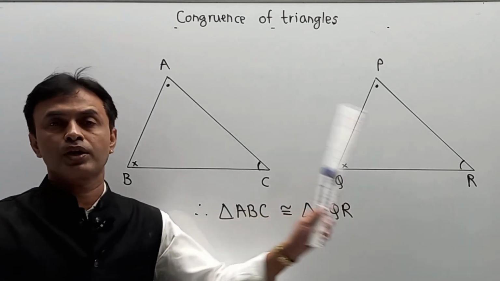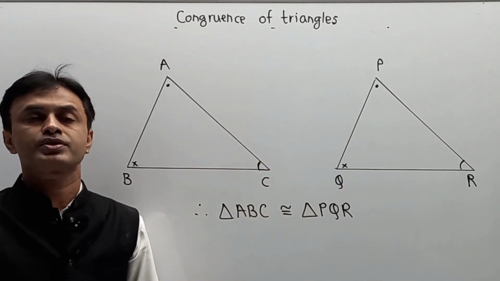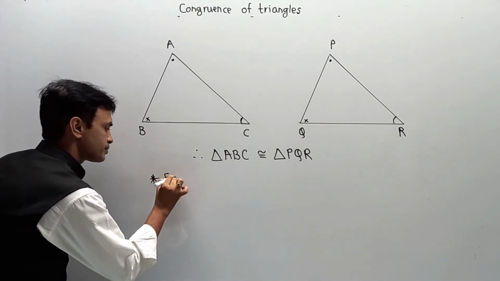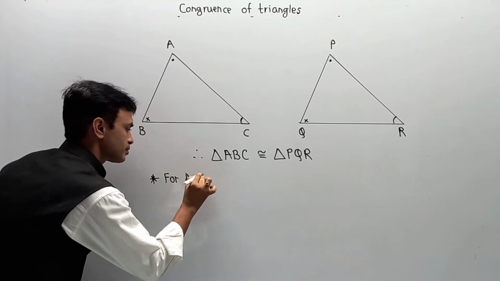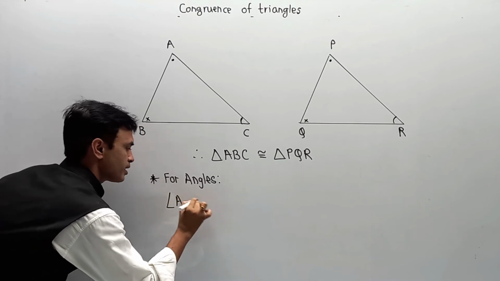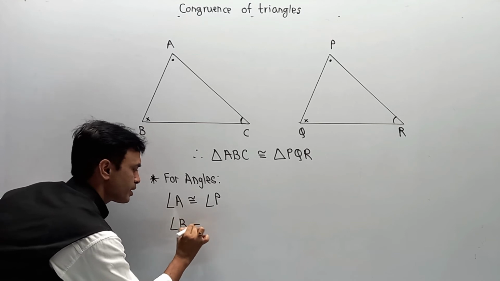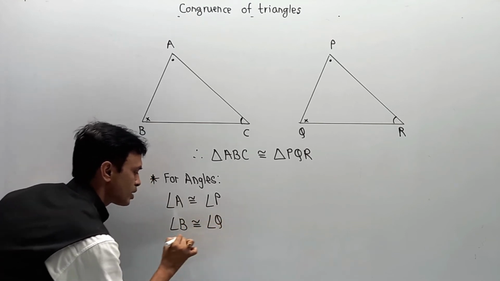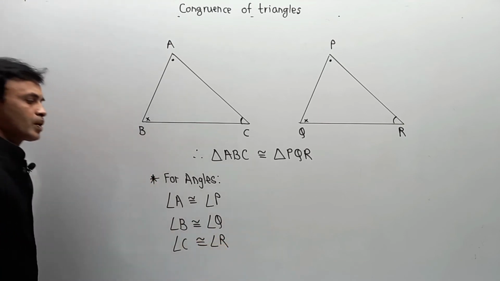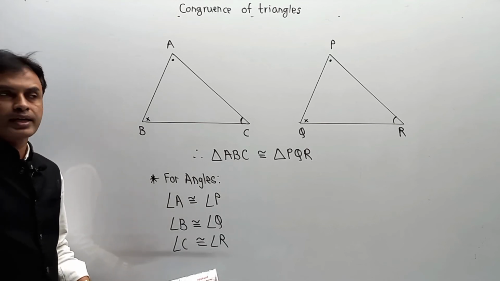When two triangles are congruent, all three angles of the first triangle are exactly congruent with all three angles of the second triangle. Means the test for angles.